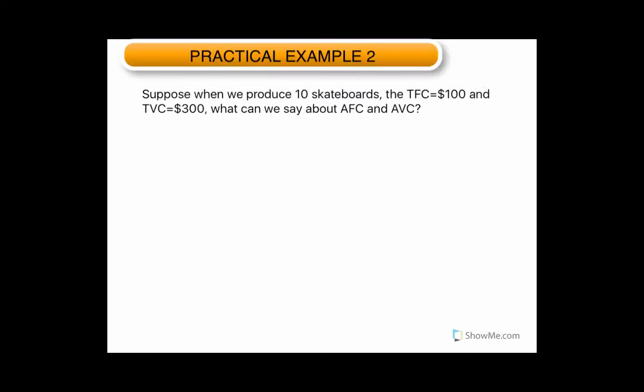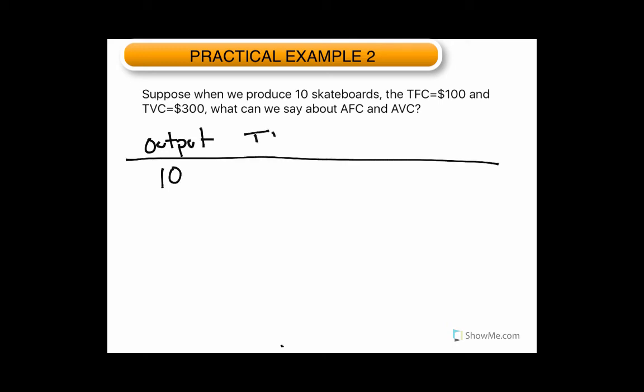So after that very complicated problem, we have a little bit simpler one. So it says when we produce 10 skate parts, so our output is 10. Our total fixed cost is 100. And our total variable cost is 300.